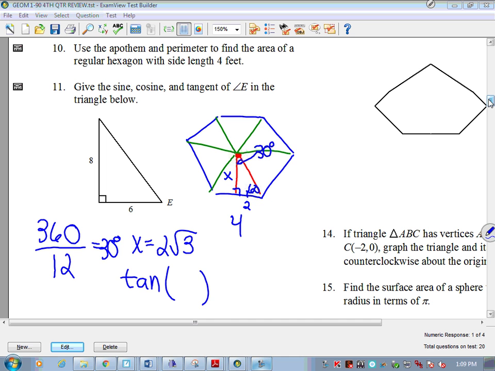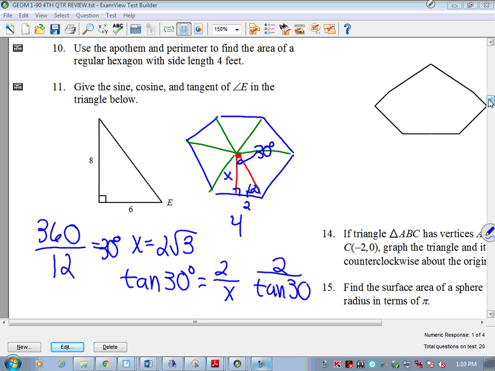Tangent 30 degrees equals 2 over x. So I would ultimately wind up with 2 divided by tangent 30, which is going to give me a messy number because 2 radical 3 is irrational.